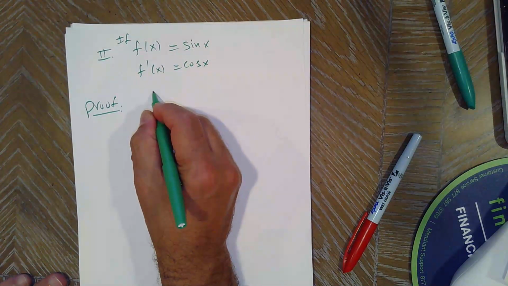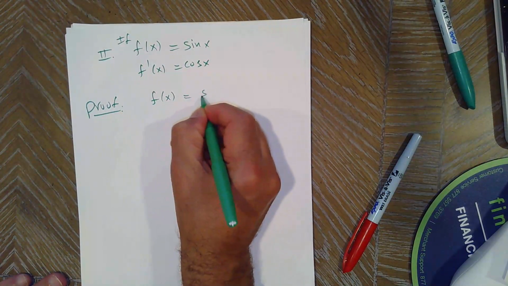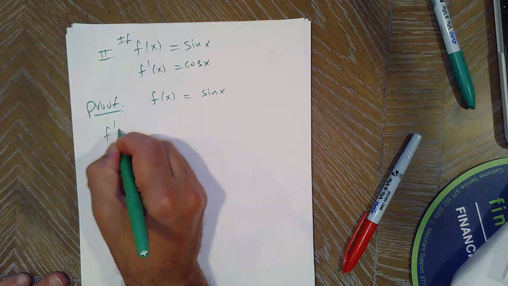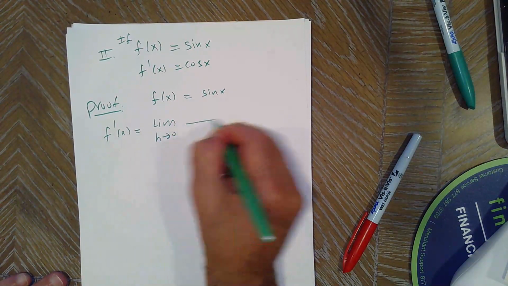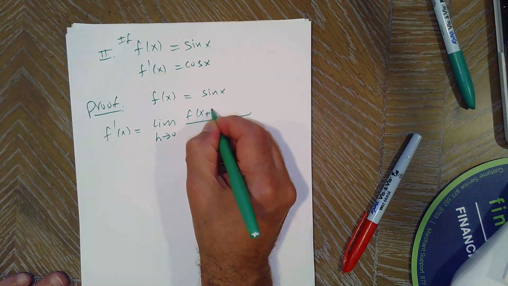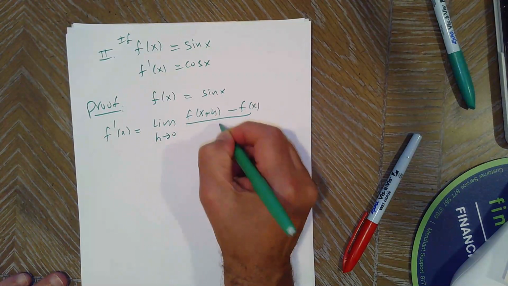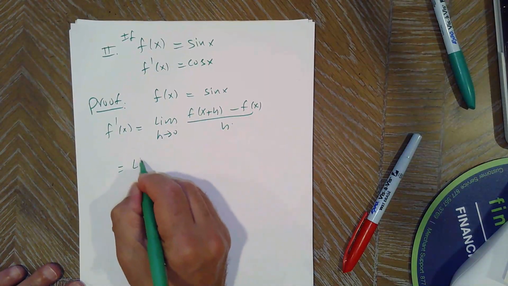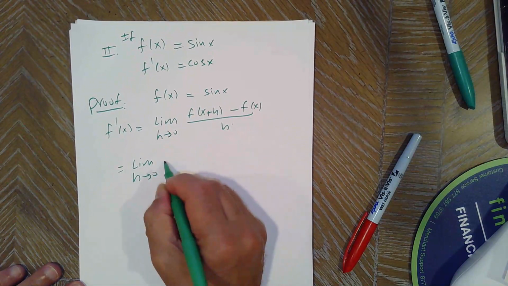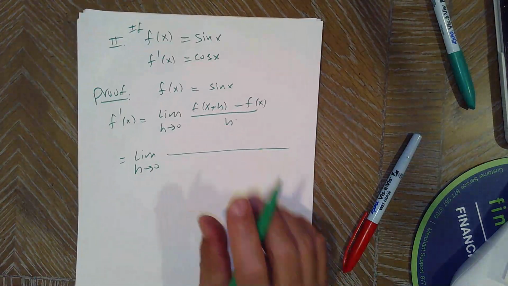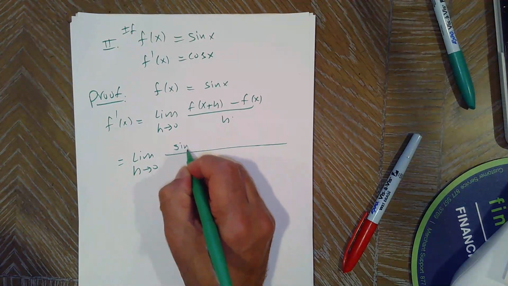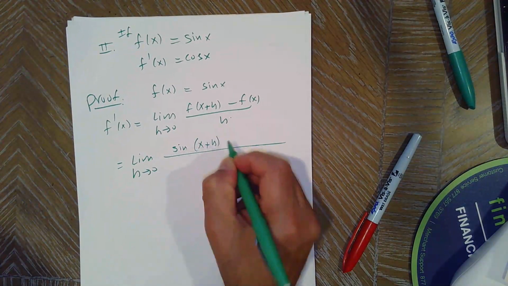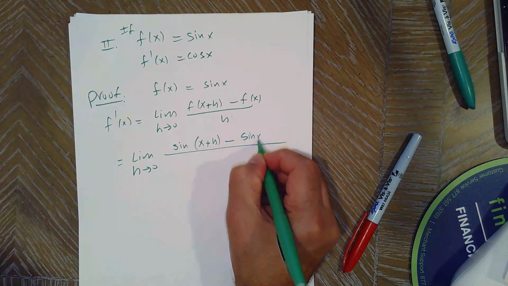So if f of x equals sine x, its derivative using limit, of course, is the limit as h goes to 0 of f of x plus h minus f of x over h. You know, I do ask proofs on the test only for extra credit, so watch out for that. f of x plus h is sine of x plus h, f of x is sine x, over h.